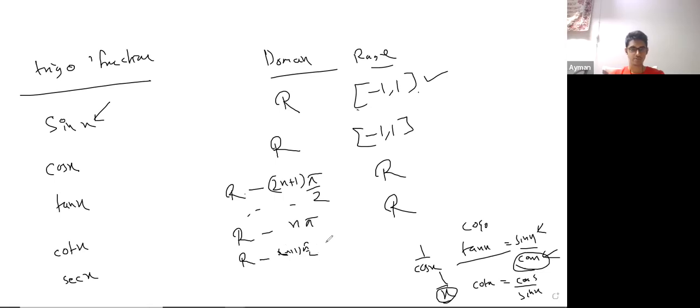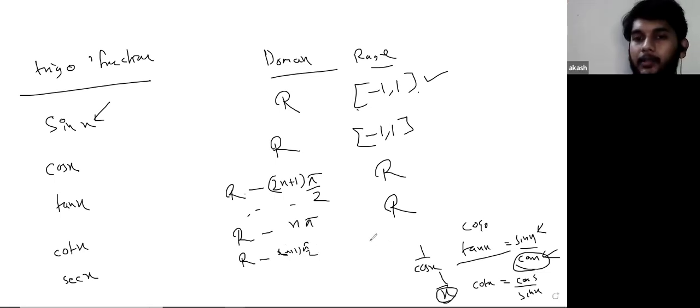Now the range of sec x is a little bit different. This is R minus -1 to 1. Oh, sorry, this is not this. Minus infinity to -1 union 1 to infinity.